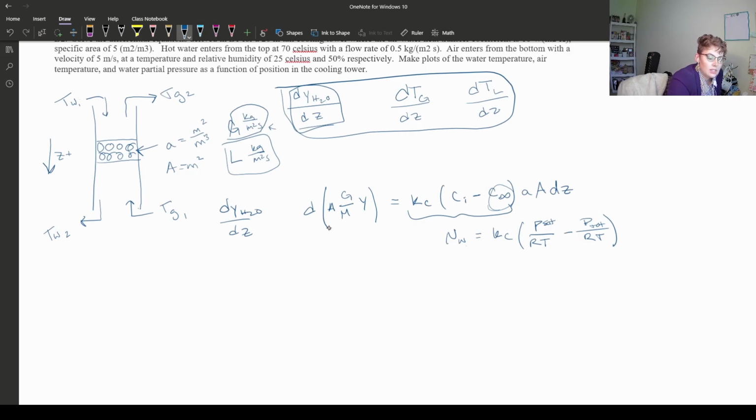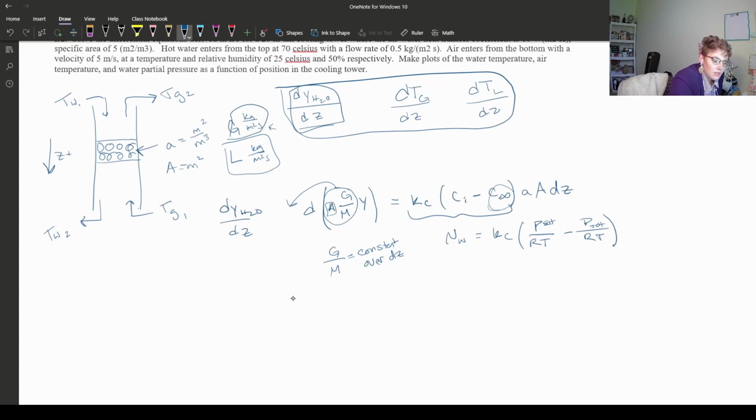So now we can go ahead and take our constants out of this differential. We are going to assume that the gas flow rate over the average molecular weight is going to be constant as we go along z, because it's really not going to change enough to be significant. So we can consider that a constant, and of course our cross-sectional area will remain constant.